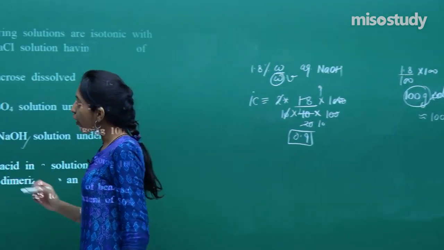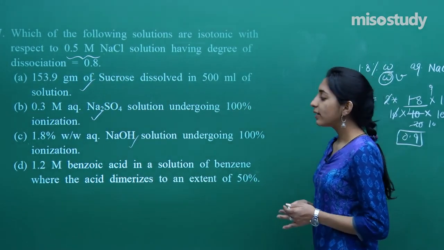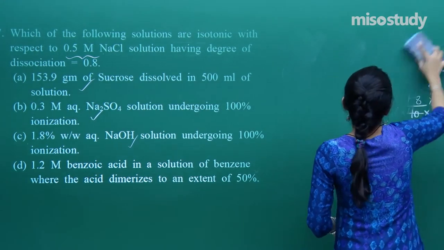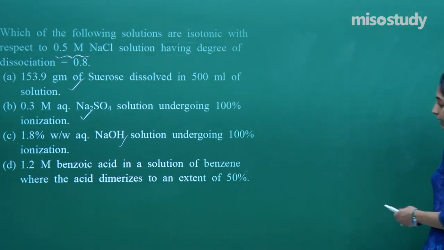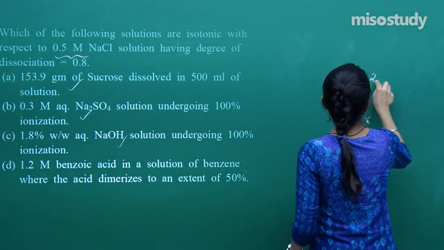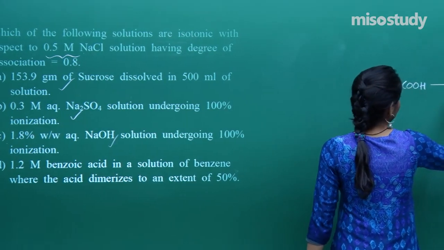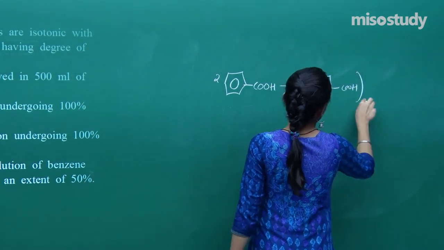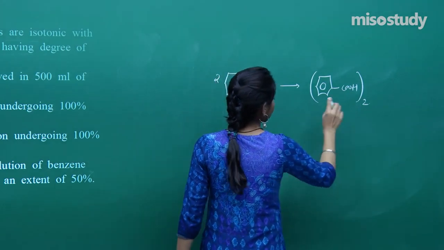Moving on to the last one, 1.2 molar benzoic acid in solution where the acid dimerizes to an extent of 50%. If the acid is undergoing dimerization, so 1.2 molar benzoic acid is going to form a dimer, and this is 1.2 and this is nothing.